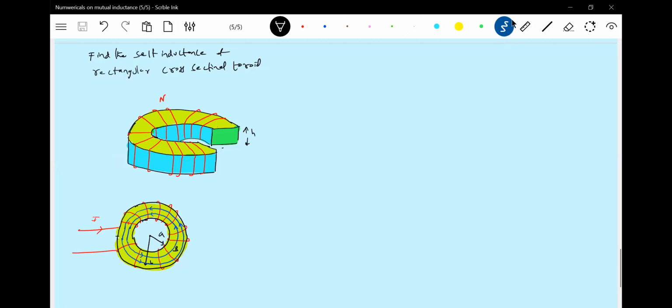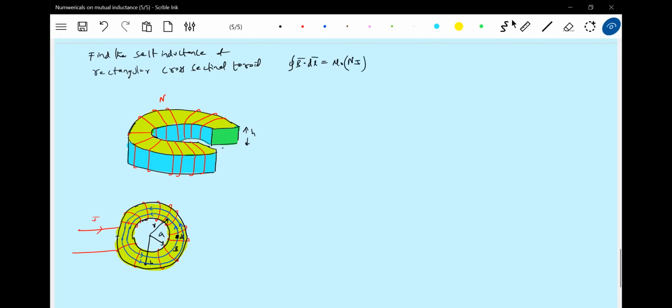The value of B bar at a distance R. So what I do is assume a dl here. B bar dot dl equals mu naught N I, no?